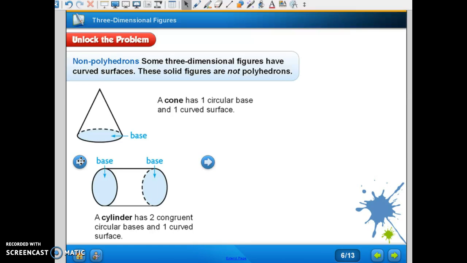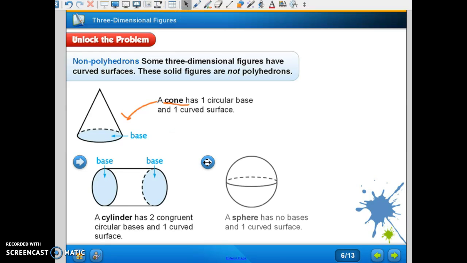So this one is what? A cone, right? It has one circular base and one curved surface. What does a cylinder remind us of? A real-world object. A can. A cup, maybe. A sphere has no bases and one curved surface. So these are not polyhedrons.